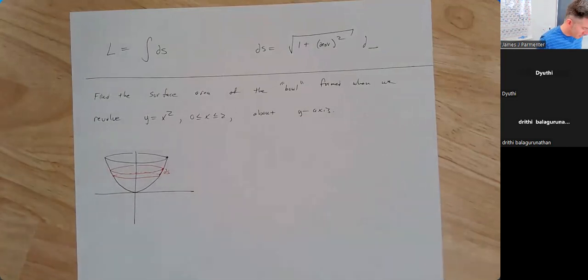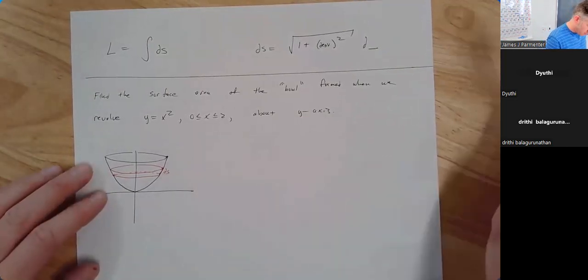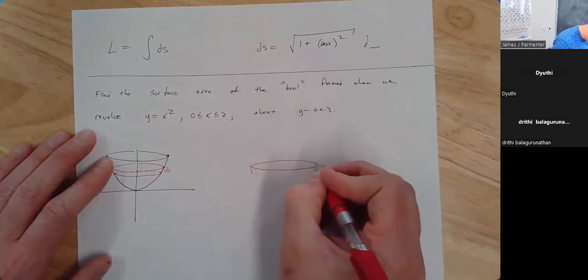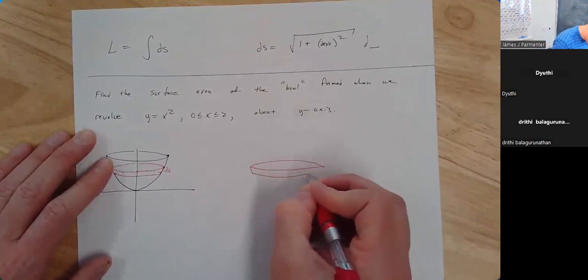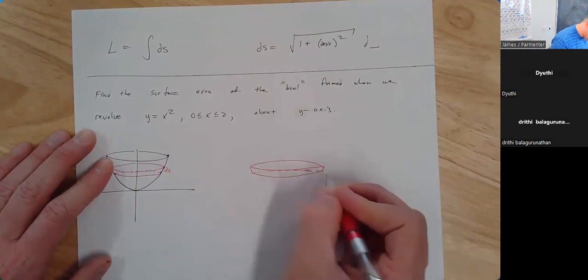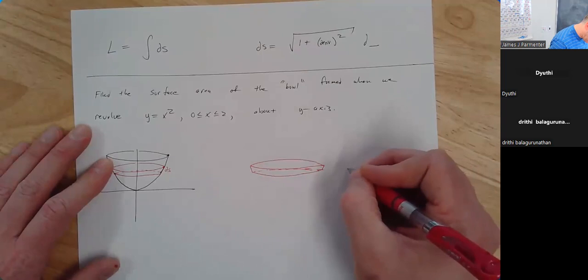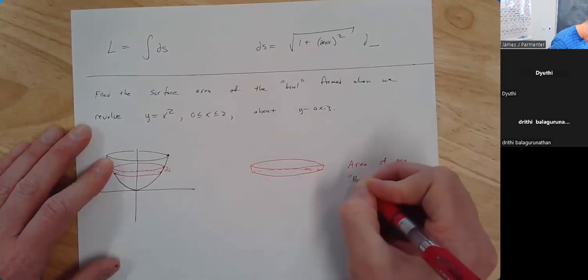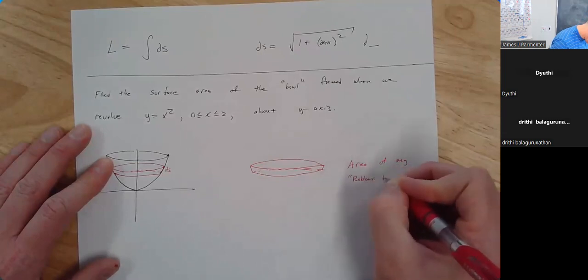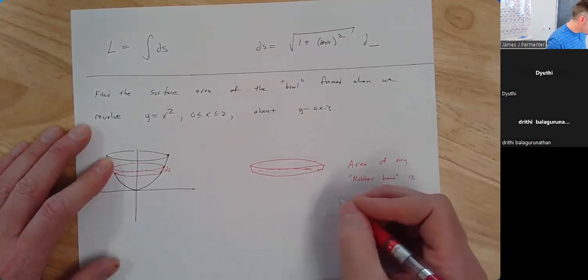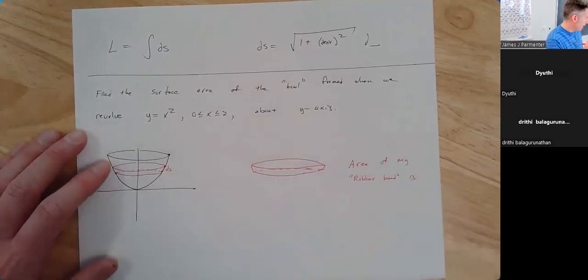Okay. So here, this rubber band shape, the area of my strip is going to be circumference times length.